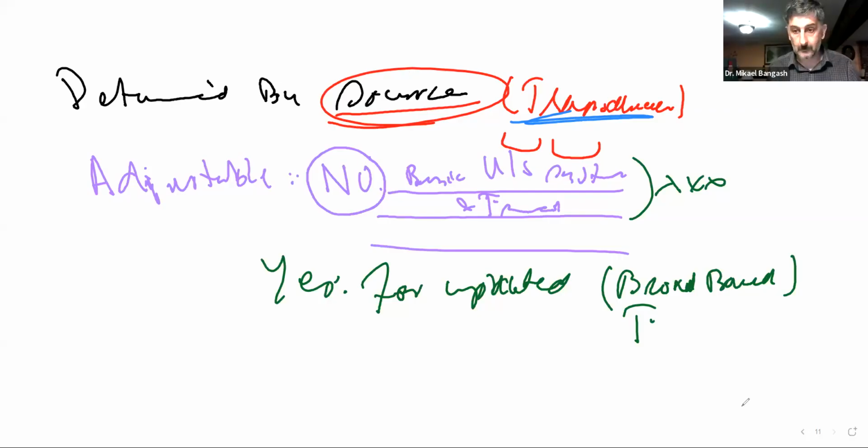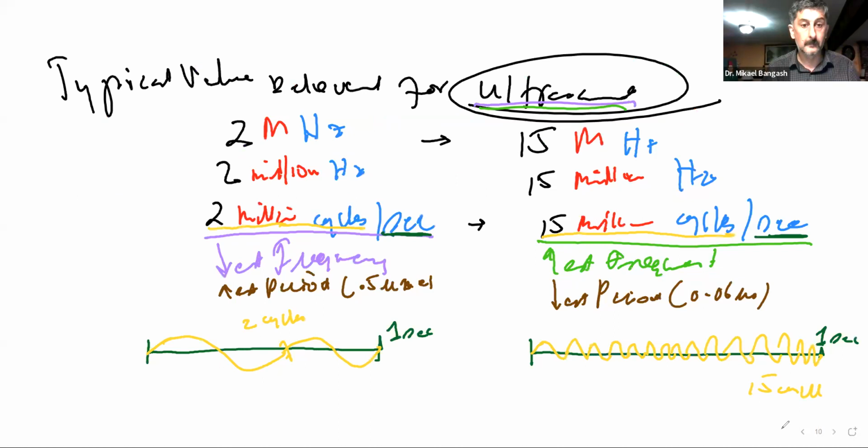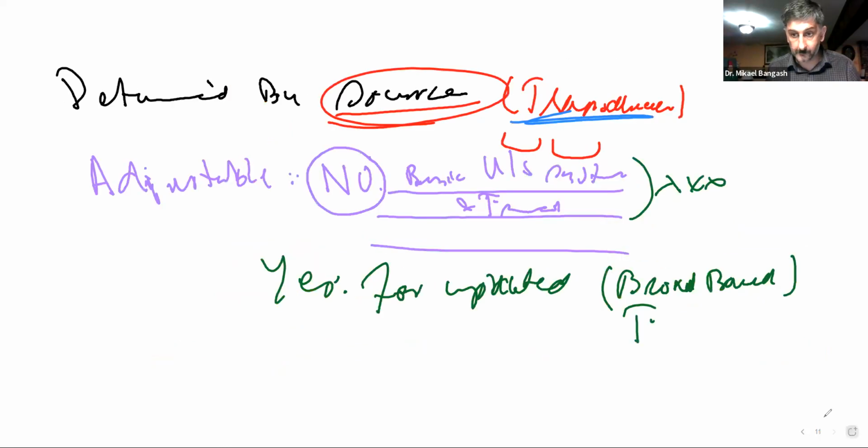But on the other hand, we can also see that frequency and period are inversely proportional. Or let's do it this way. Maybe not that extreme examples.